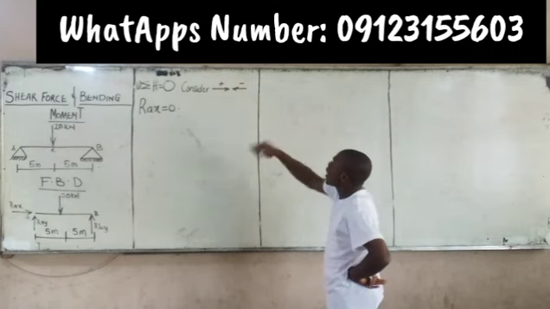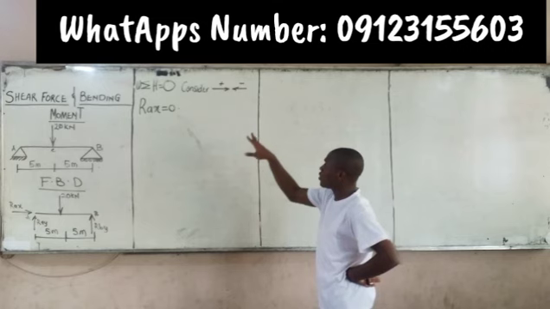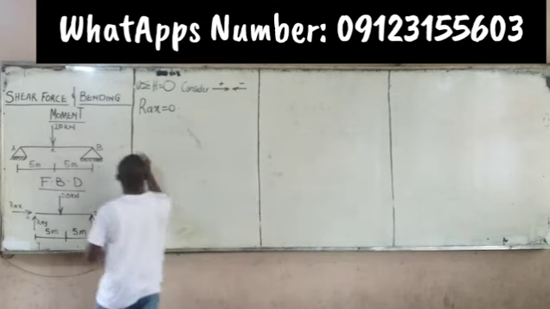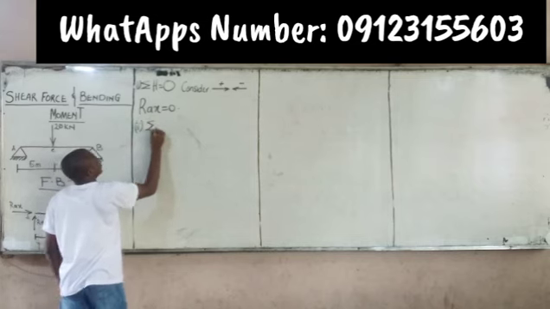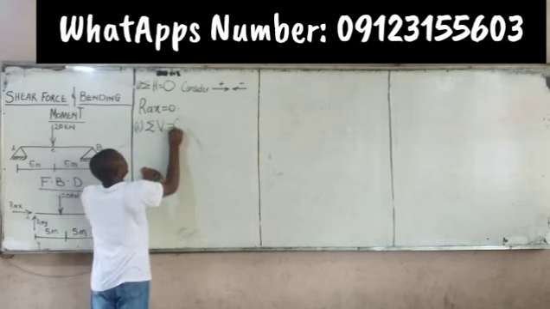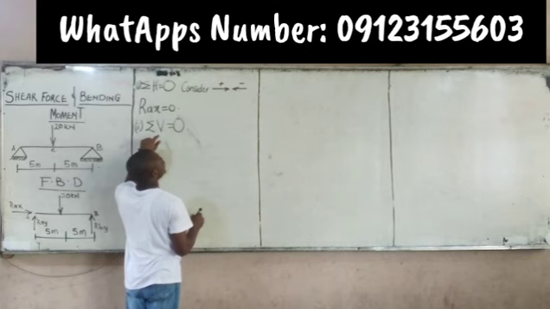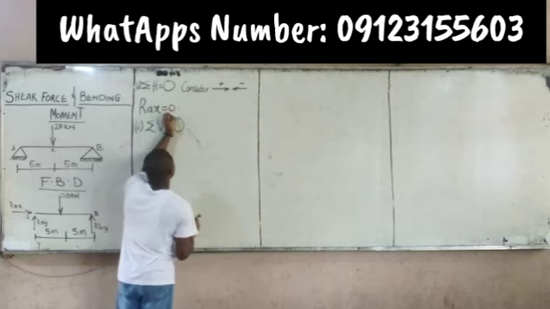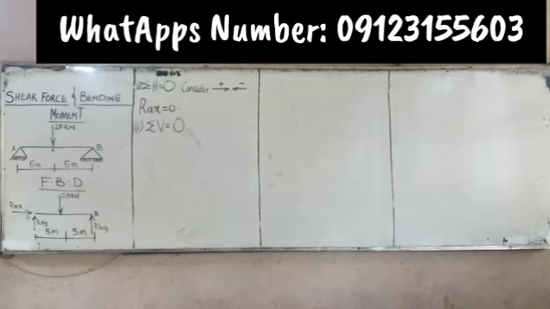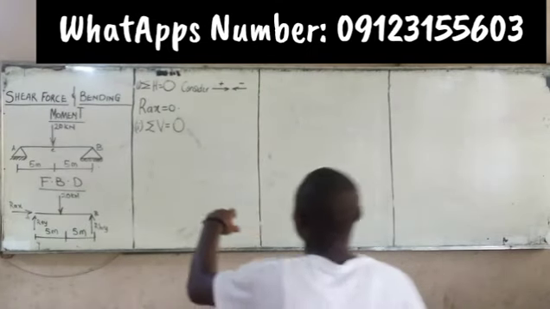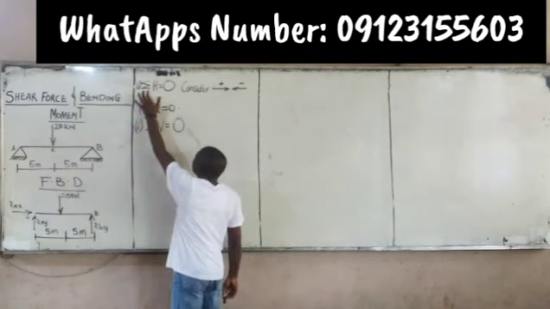The second condition is the summation of vertical components to be equal to 0. The first condition was the summation of horizontal components.